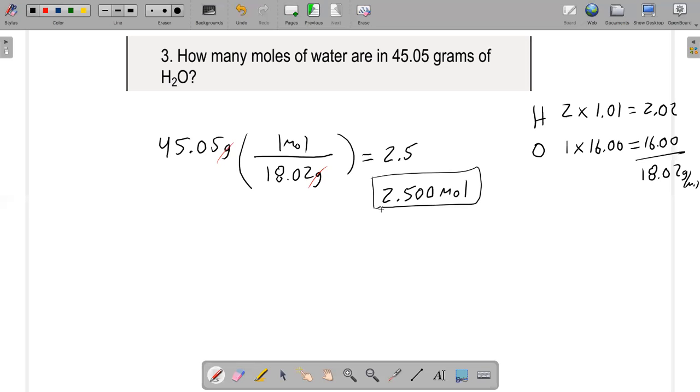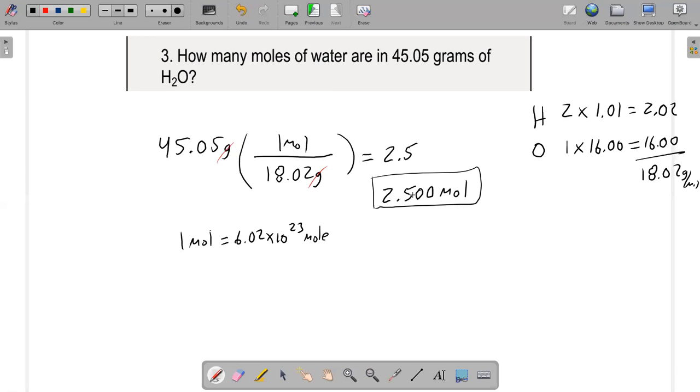And this whole idea about having 2.5 moles is that, because of Avogadro's number, a mole is equal to 6.02 times 10 to the 23rd of anything. They could be atoms, they could be molecules. You can then convert this quantity in moles into numbers of molecules.